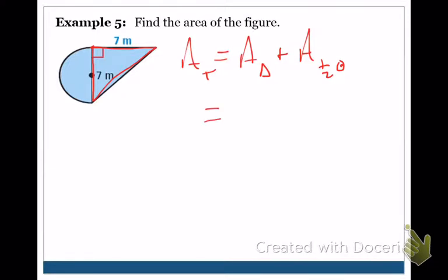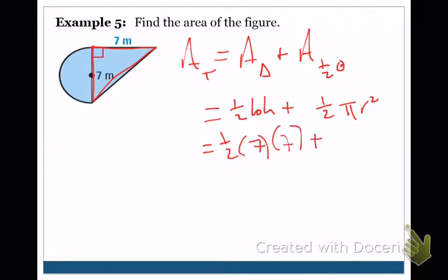Okay, so the area of the triangle is 1/2 base times height, and then we're going to add to it 1/2 pi r squared, because that's half that circle. 1/2 base times height for the triangle is just going to be 7 times 7. And then we got 1/2 times pi times the radius, which is 3.5 squared.